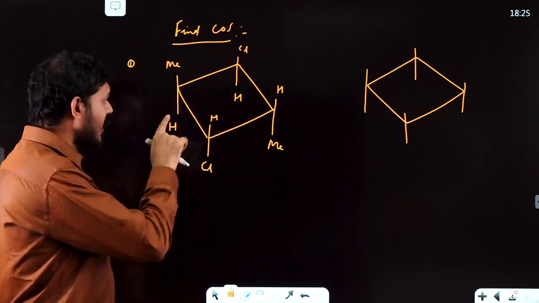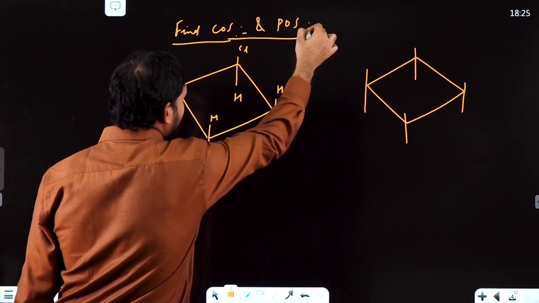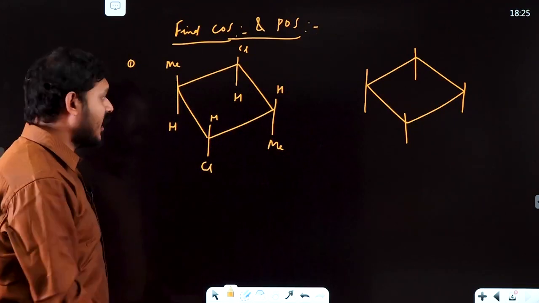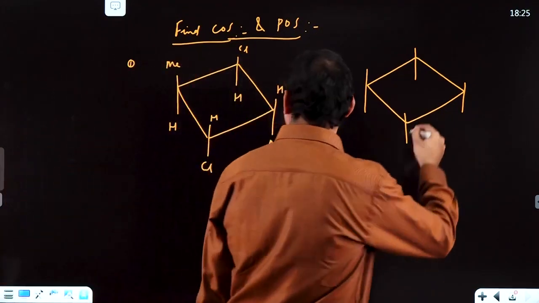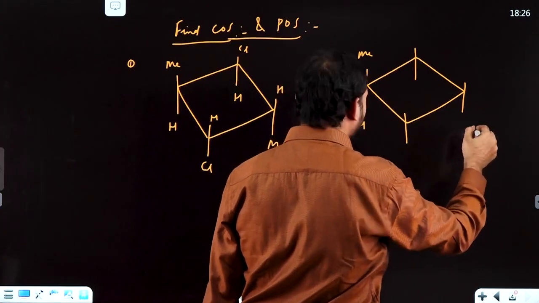Guys, everyone find in this question COS and POS. Okay, let's check how many of you are doing correct. Now in this one, methyl, H.